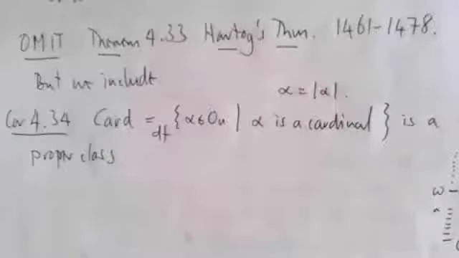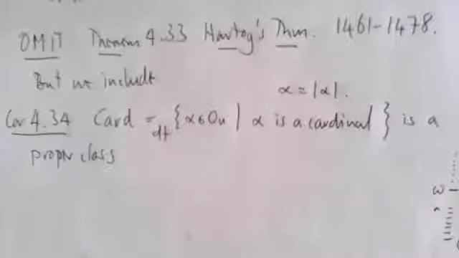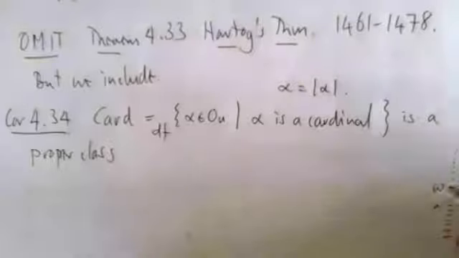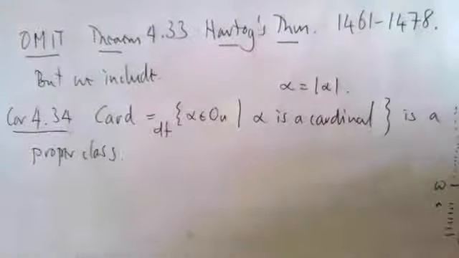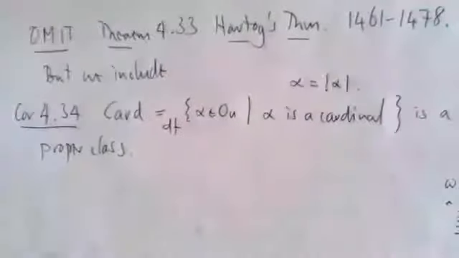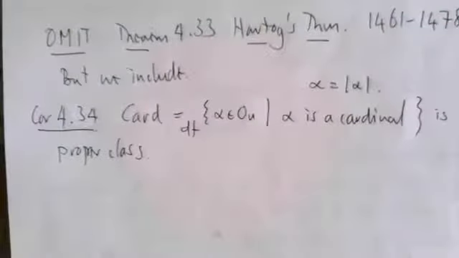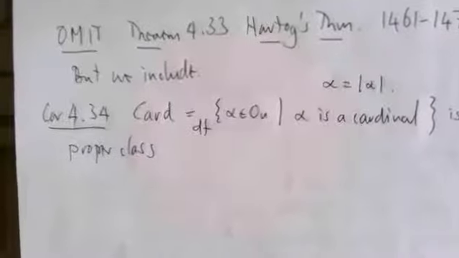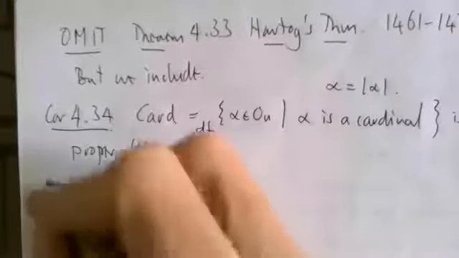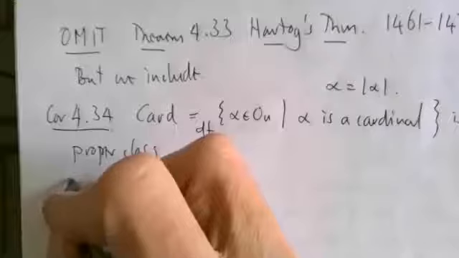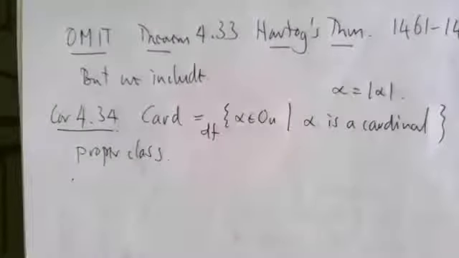The statement of Hartogs' theorem says that for every ordinal there's a larger cardinal. So for any ordinal here, there's going to be a larger cardinal. Well, we can justify that anyway. So let's prove the corollary and then complete this diagram a little more fully.